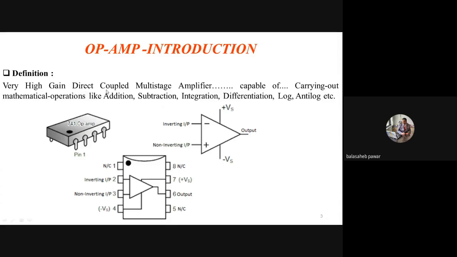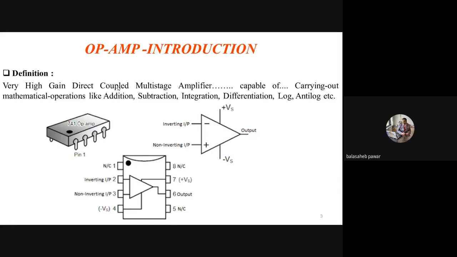Then one more word is mentioned over here, that is direct coupled. Direct coupled means what? In that example, you will observe there is a coupling capacitor between the output of the first transistor and the input of the second. So the coupling between the two stages there is done using a capacitor.